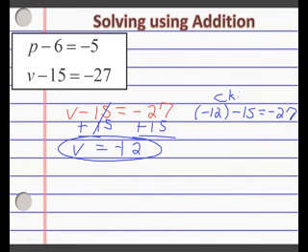And if you're having some difficulties with subtracting negative numbers, always remember that you can change that subtraction sign to a plus negative, and then you look and you see that both our numbers have the same sign, so we're going to add them together and keep the sign, which would be negative 27. Negative 27 equals negative 27, which means our solution is correct.